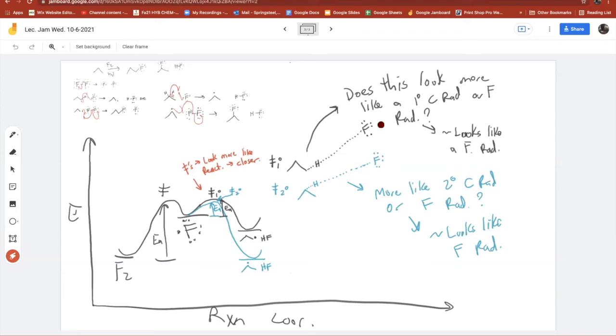And then if you want, you can try to finish off this diagram. I haven't talked about this yet, so I think this is do on your own.